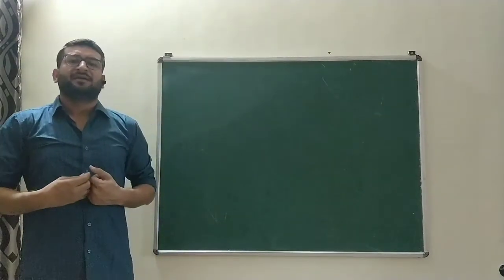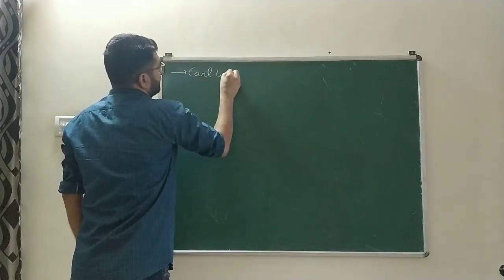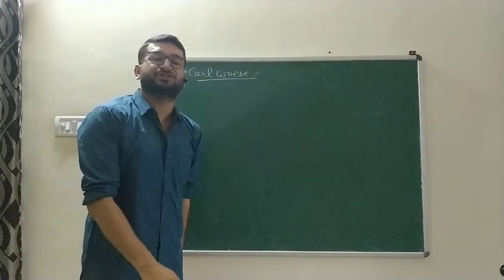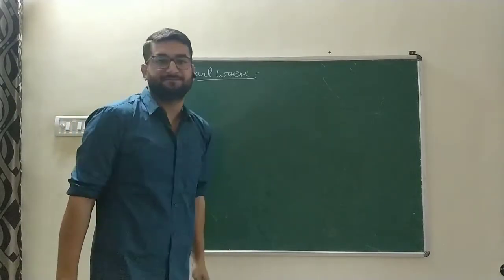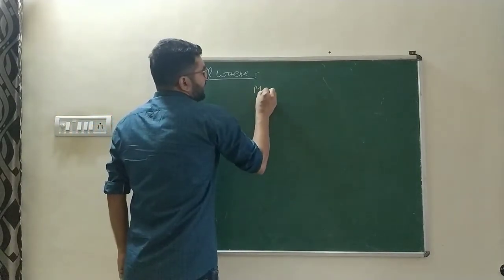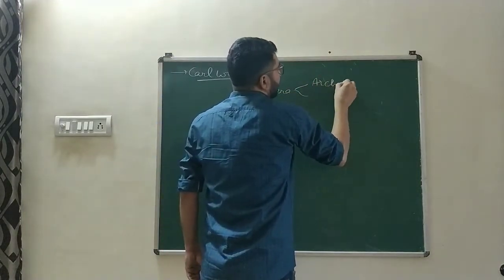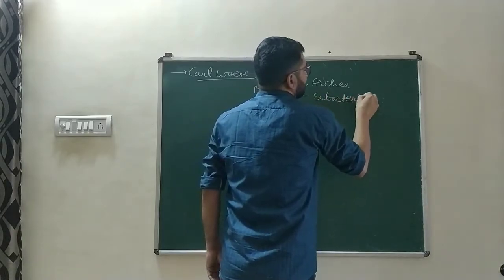After that, Carl Woese proposed the 6 kingdom classification system, which is also referred to as the 3 domains of life. Actually, Carl Woese differentiated the Monera into Archaebacteria and Eubacteria.